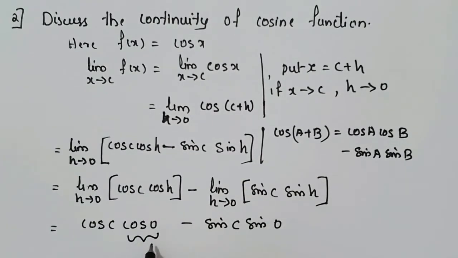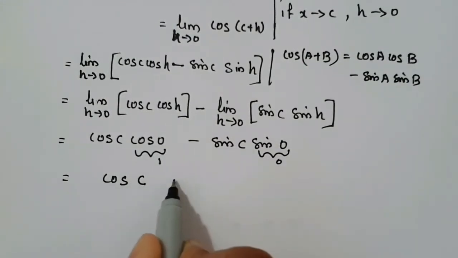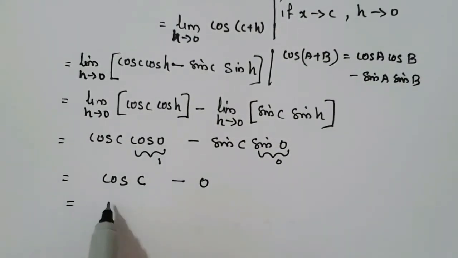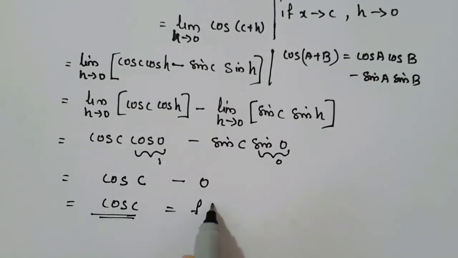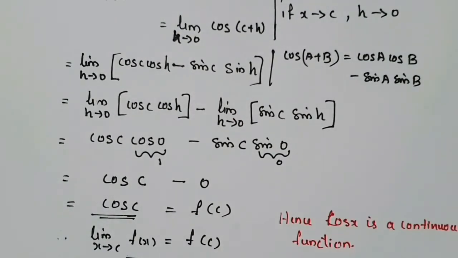Now what is cos 0? This is 1 and sin 0 is 0. So this is equal to cos c minus 0, which is cos c. This is equal to f of c. Therefore, limit x tends to c, f of x is equal to f of c. Hence, we proved cosine function is a continuous function.